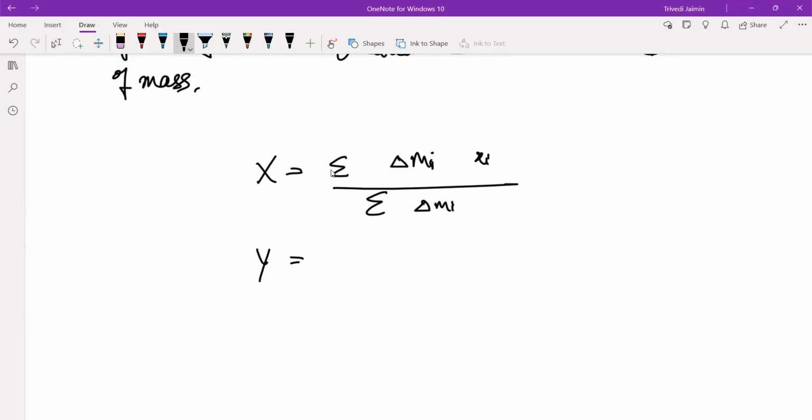Same way for y: summation of mi yi by summation of delta mi.